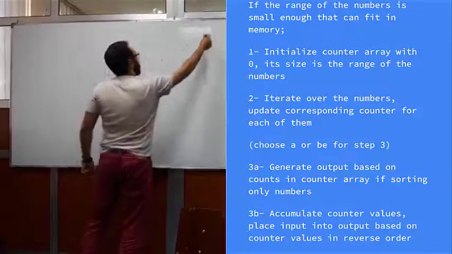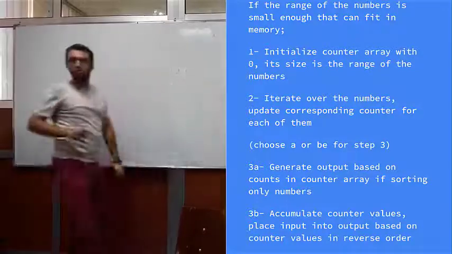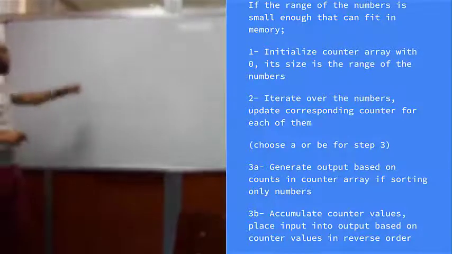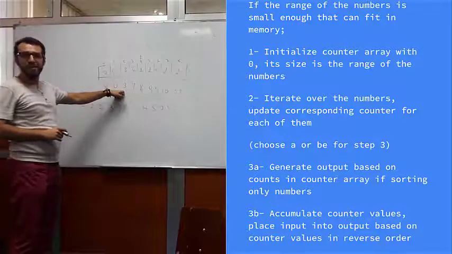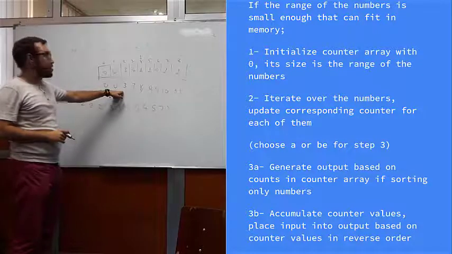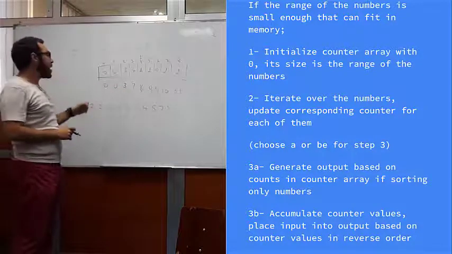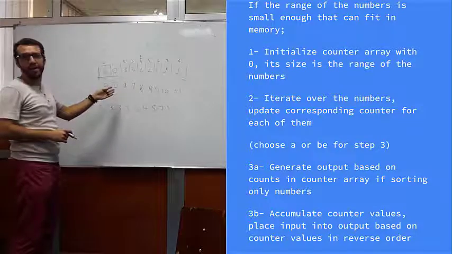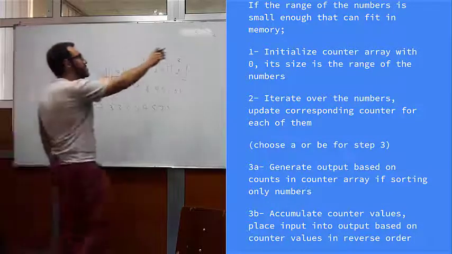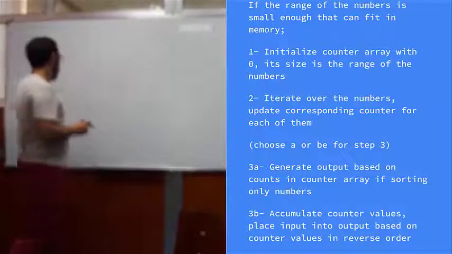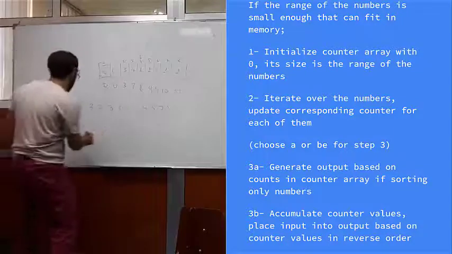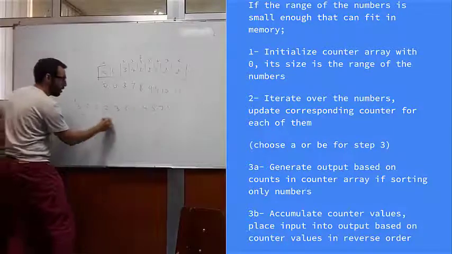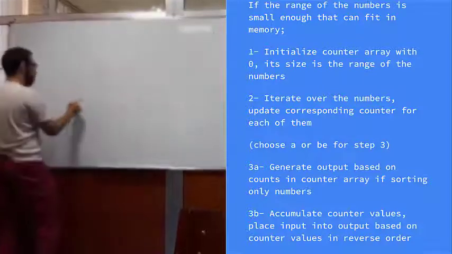The last element we see is 2, right? So we look inside of 2. What does it say? 3. So it means the 2's are ending right before 3, meaning we can place this 2 into the second position in our output. So let's say this is our output 1.